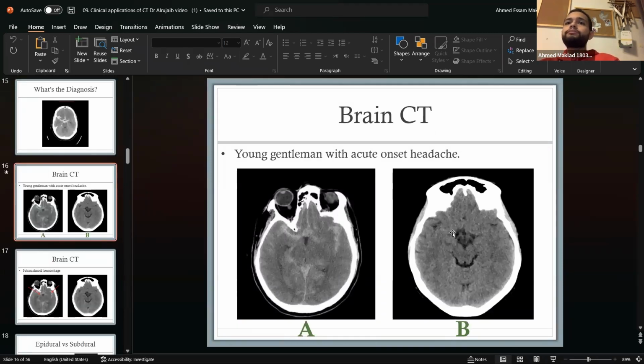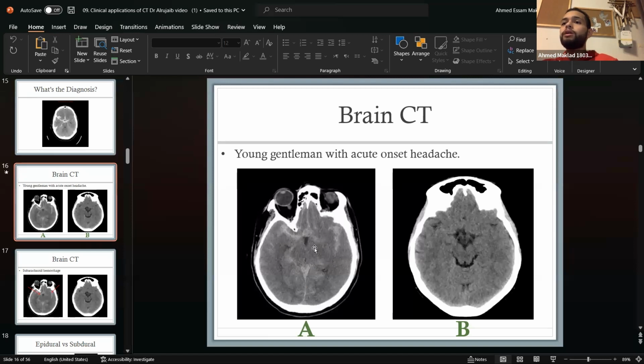All right, another picture. Can someone tell me what's going on here? No, there's no edema. This is another subarachnoid hemorrhage. Exactly, it's another subarachnoid hemorrhage.